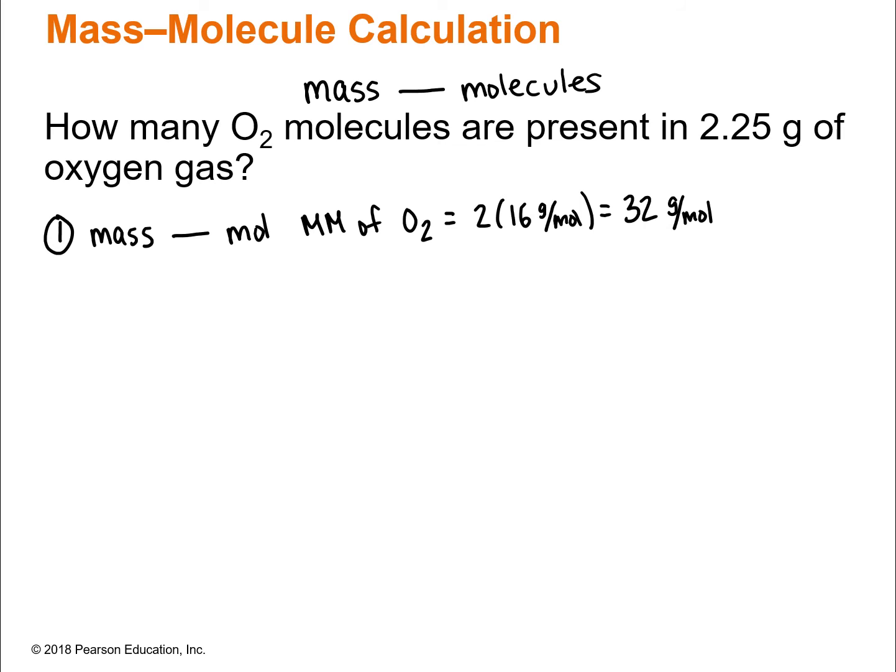So this problem is literally what we did in reverse. You're starting with a mass, which is 2.25 grams of oxygen gas. And you have to figure out how many molecules you have. Starting with the mass, the only way that you can get to moles is using molar mass. For oxygen gas, there are 2 oxygen atoms, so 2 times 16 is 32.